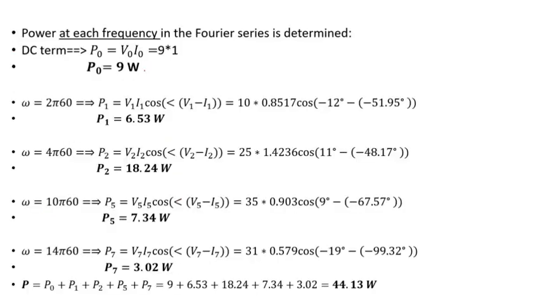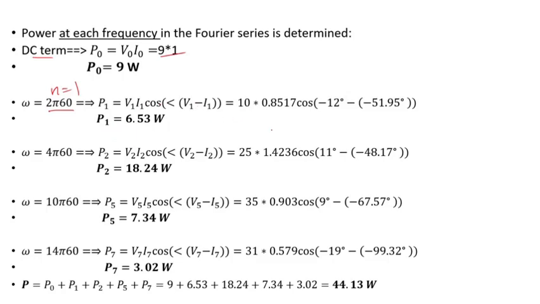Now, power at each frequency in the Fourier series is determined as follows. For the DC term, P0 is just V0 times I0. At omega equal 2 pi 60, or n equal 1, P1 is V1 times I1 times cosine of the angle of voltage minus the angle of current at n equal 1.